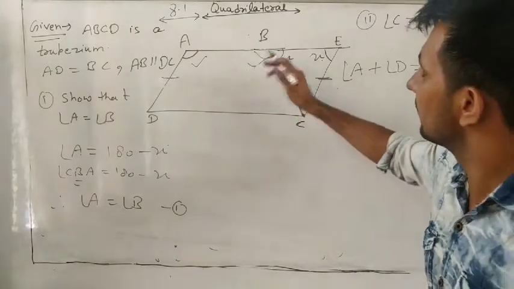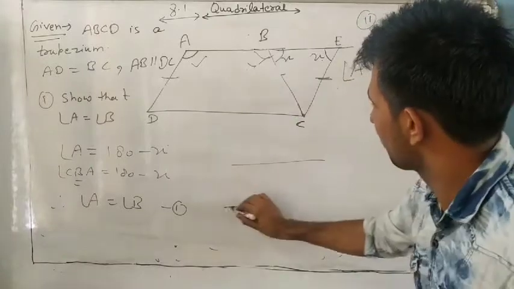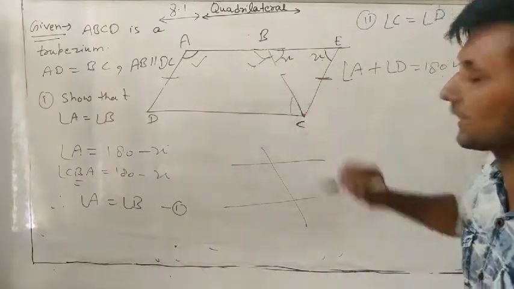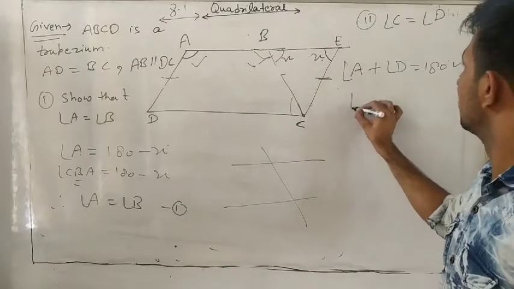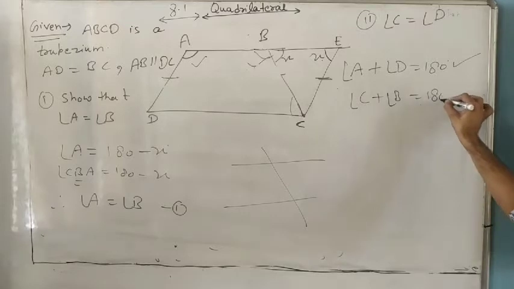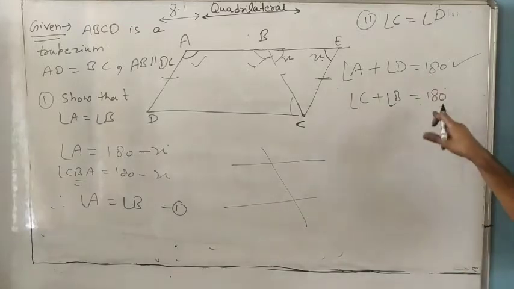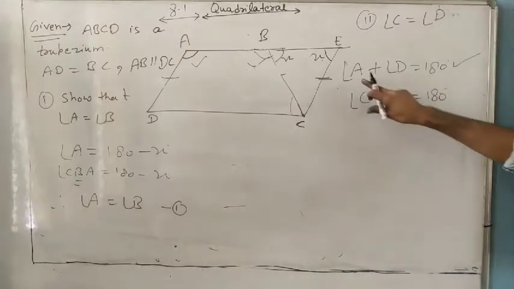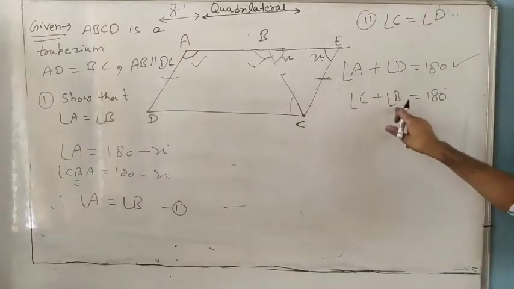Next, these two are parallel lines and it is a transversal. This angle plus this angle sum is 180. So angle C plus B is also 180. So A plus D is 180 and C plus B is also 180.